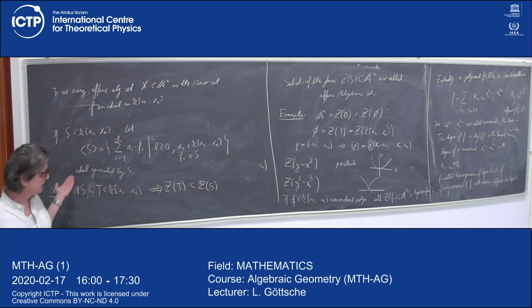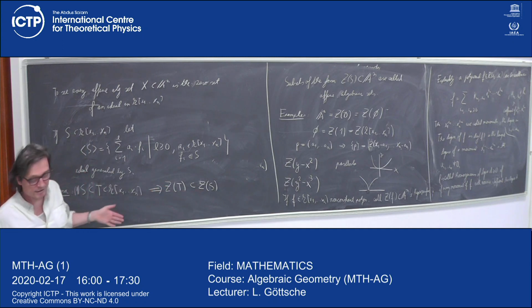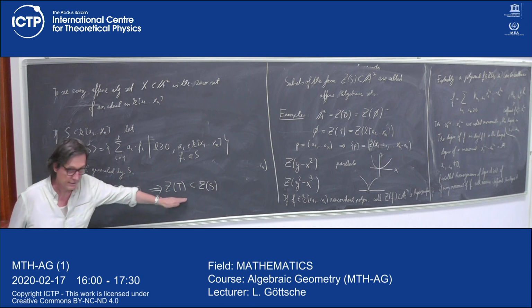If I take fewer polynomials, the set where they vanish becomes bigger, and vice versa. So this is clear.